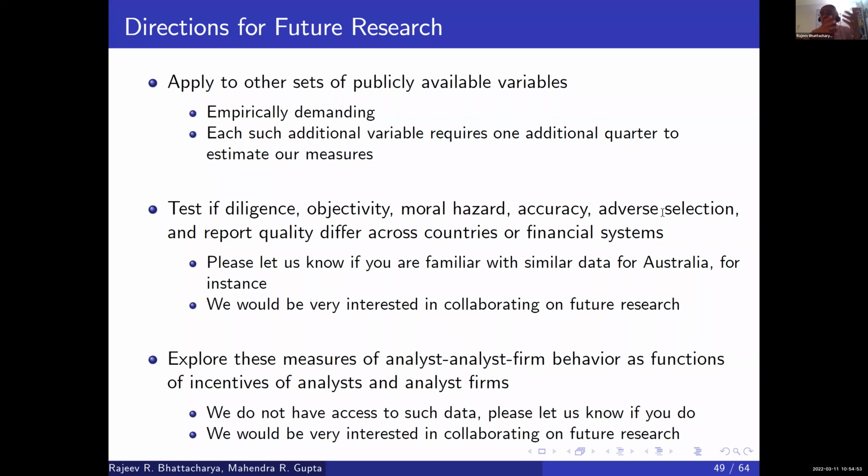So for instance, if you are familiar with similar data for Australia, or as I have found when I deal with my students from mainland China, a lot of the Hong Kong exchange or the Shanghai exchange have actually leapfrogged the legacy systems of Australia and the US, and their data are quite a bit more available. Unfortunately, we are not very familiar with the data sources. If you have such data, if you would be so kind as to let us know, we would also be very interested in collaborating.